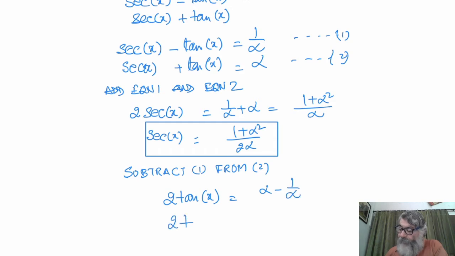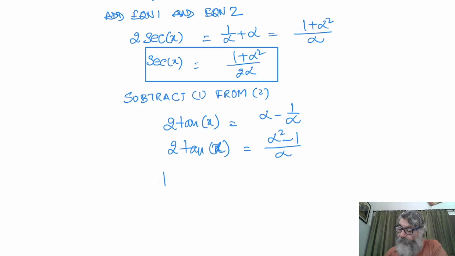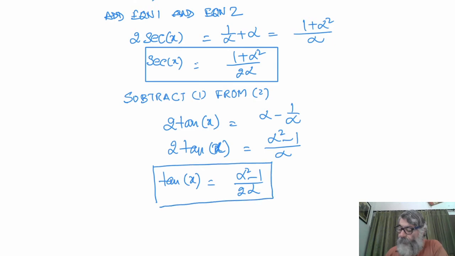So 2 tan x will be alpha square minus 1 upon alpha, or tan x will become alpha square minus 1 upon 2 alpha. We get the formula: tan x is equal to alpha square minus 1 upon 2 alpha.